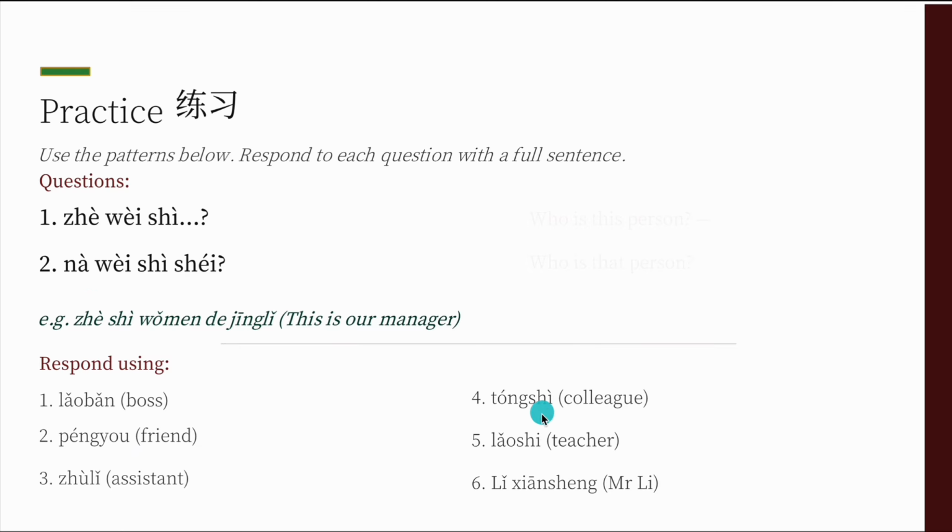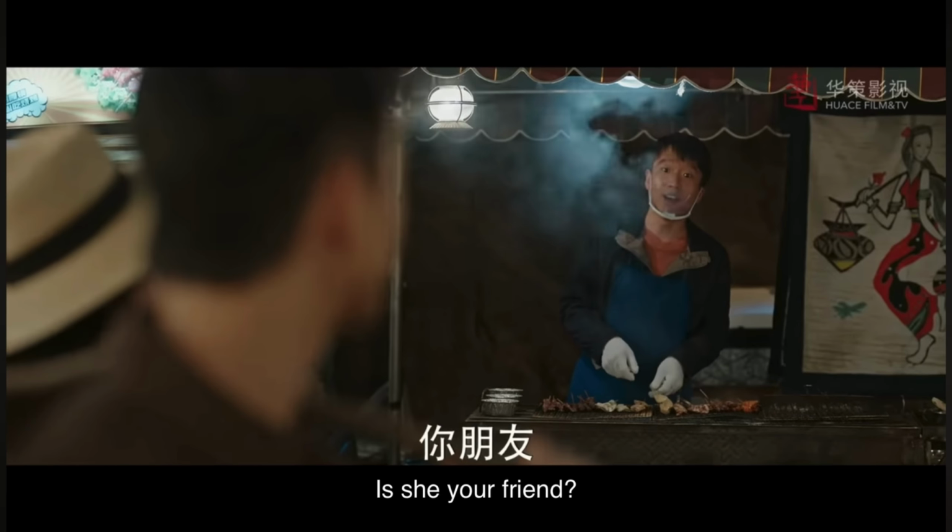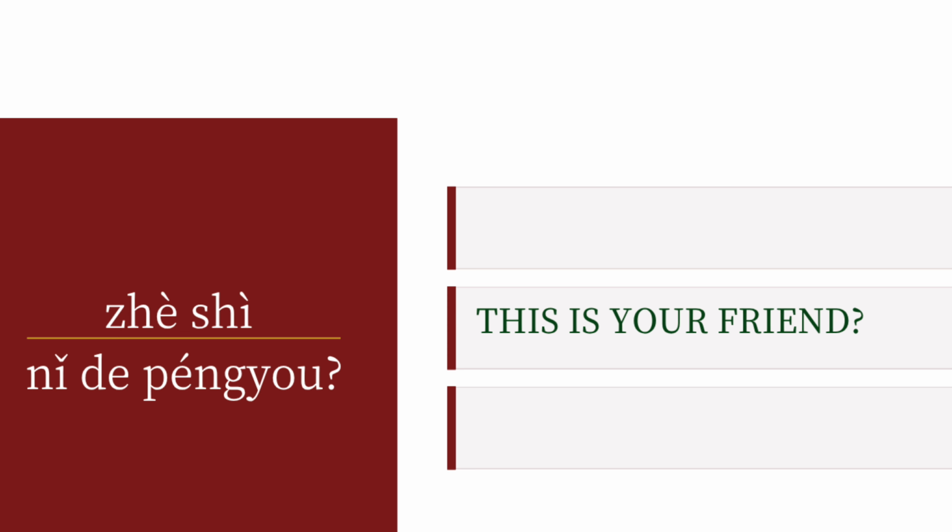那是谁？We don't have to always put 位 for that. 那是我们的同事。同事 is colleague. 那是谁？那是我们的老师。That is our teacher. 那是谁？那是黎先生。这是你朋友啊？这是你朋友。This is a question and also like a statement waiting for confirmation.